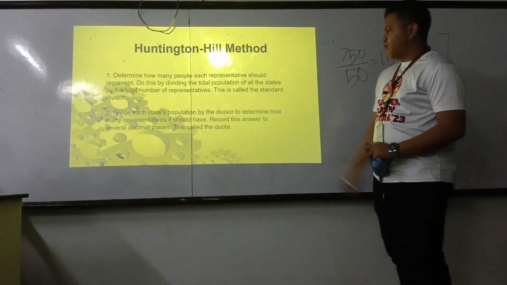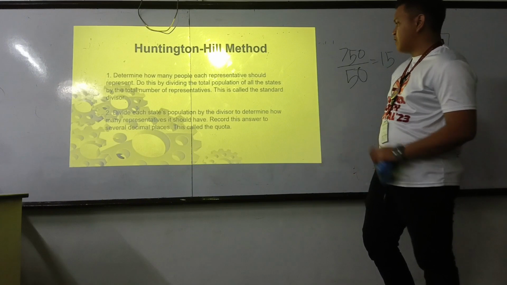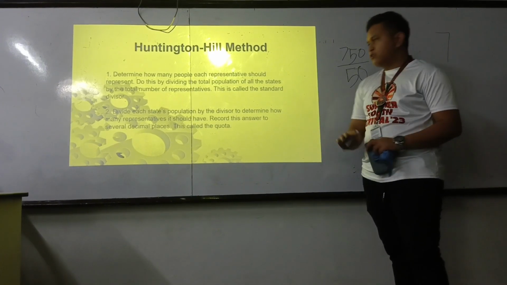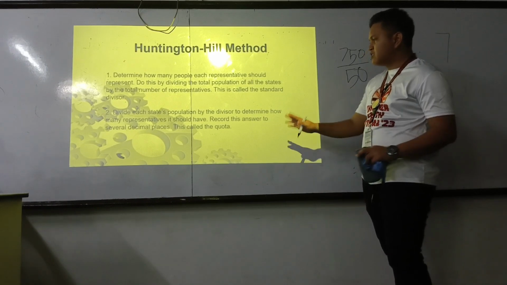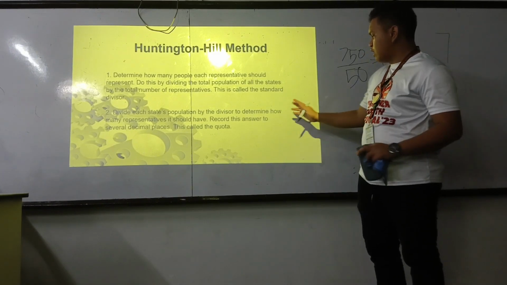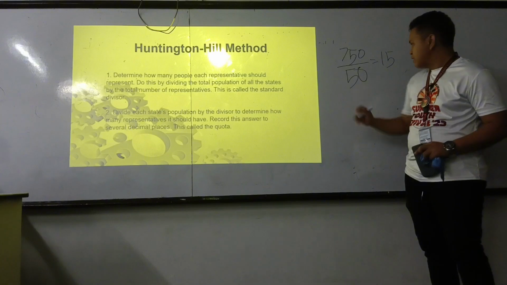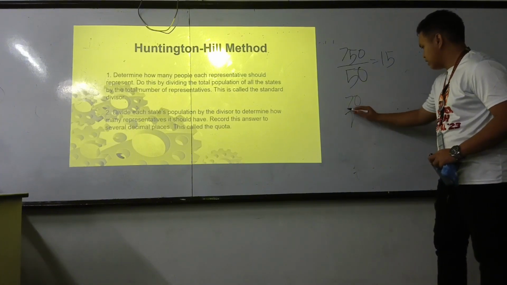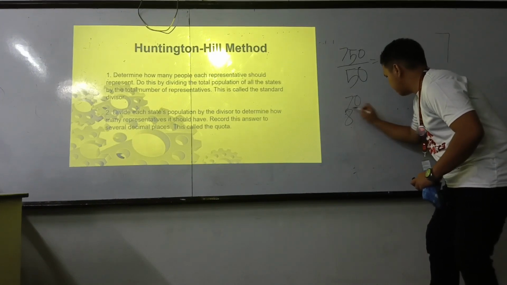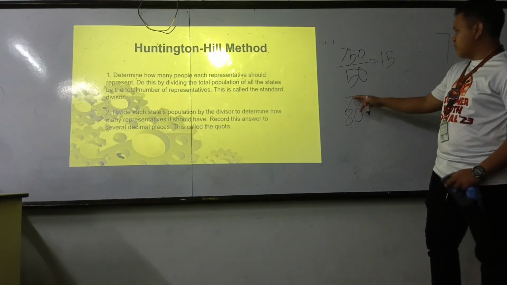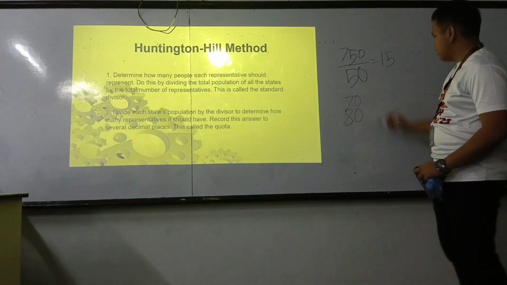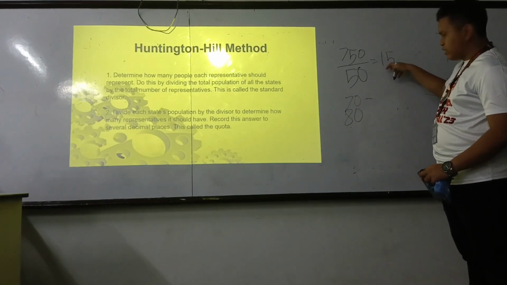Second, divide each state population by the divisor to determine how many representatives it should have. Record this answer to several decimal places. This is called the quota. So let's say we have 70 and 80. This is the population of each state.